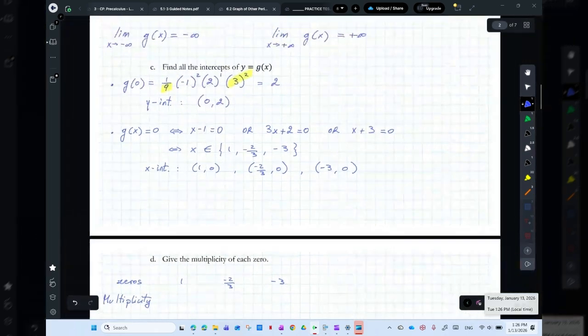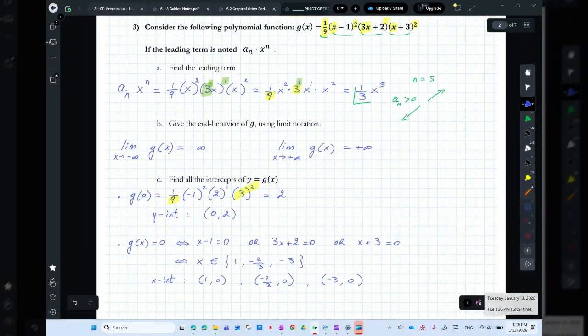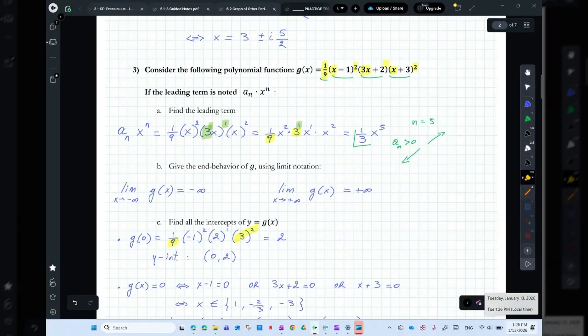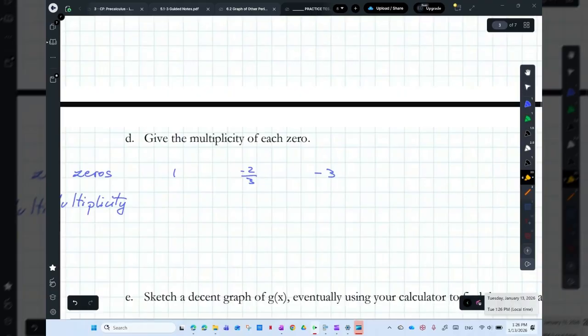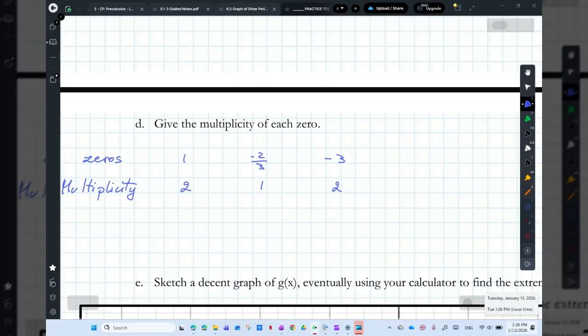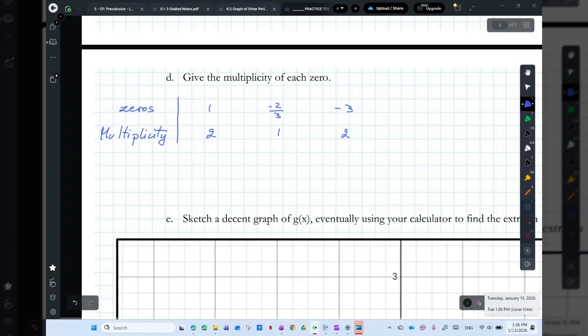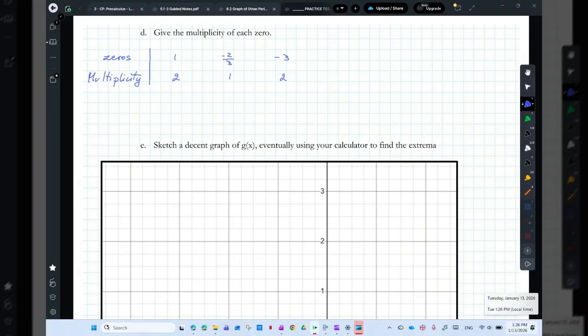Here I just need to refer to the exponents, that are 2, 1, and 2. So I've got a little chart here, and that will be enough for me to sketch a decent graph.